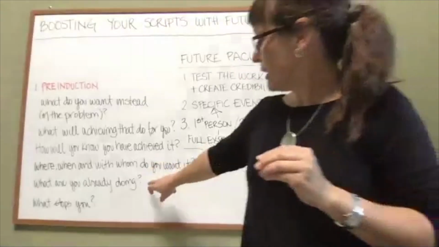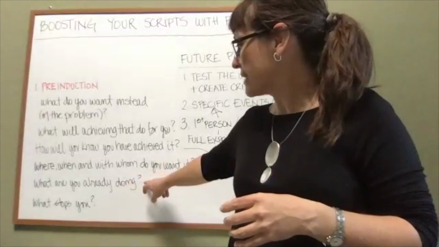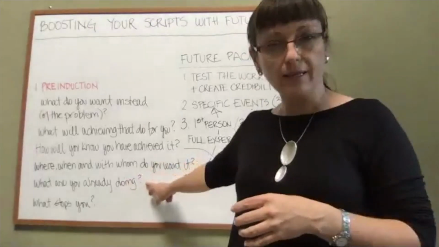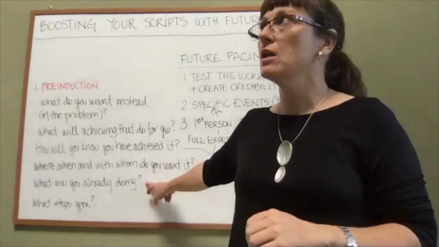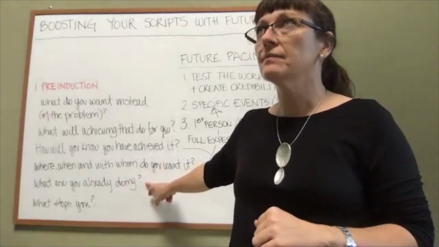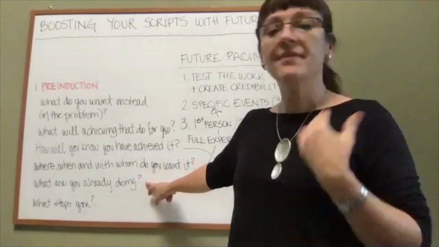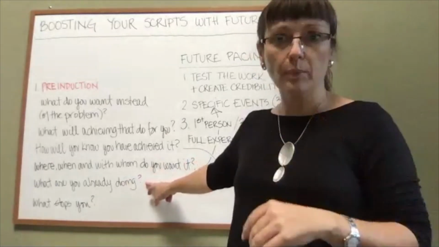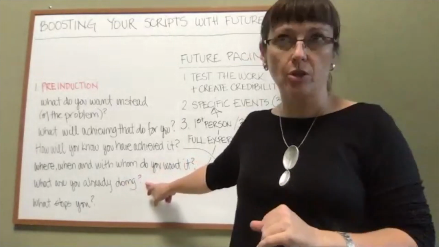And so in our pre-induction and our interview, we're going to be asking, what are you already doing? And she might say, well, with my son, he has opinions very different than I, and I listen to them, and then I tell him mine. I have no issues with that anymore. I had some issues for a while, but that has totally changed.